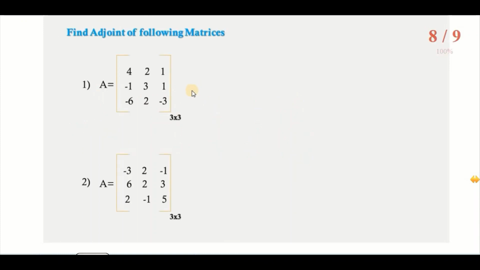So now find the adjoint for this matrix, solve, and put your answers in the comment box. So what is the adjoint of A, and for this, what is the adjoint of A?